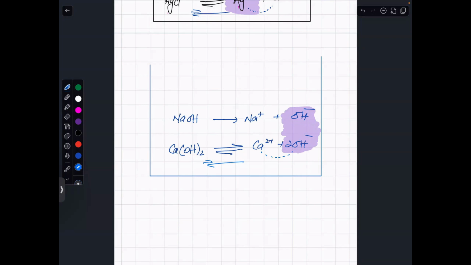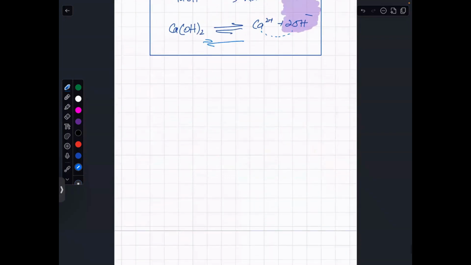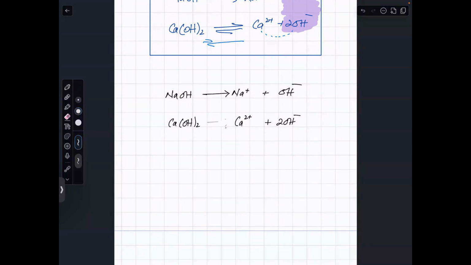Now there is a misconception. Look, this is NaOH. It fully dissolves. There is this calcium hydroxide, but that is partially dissolved.